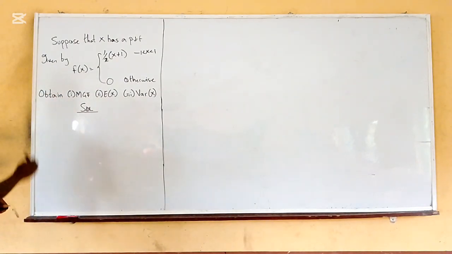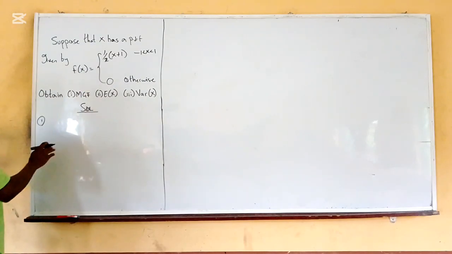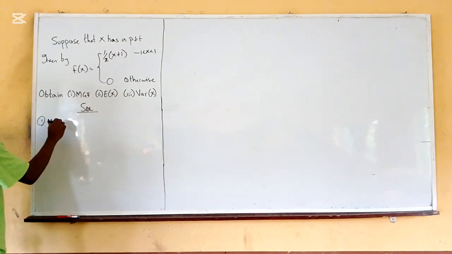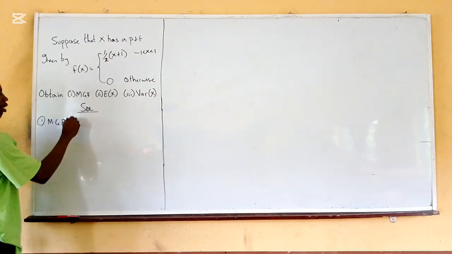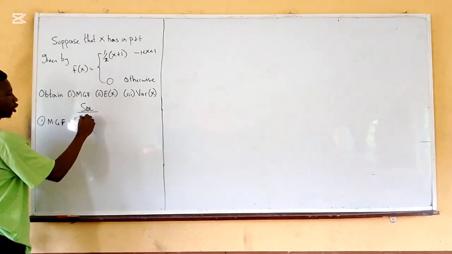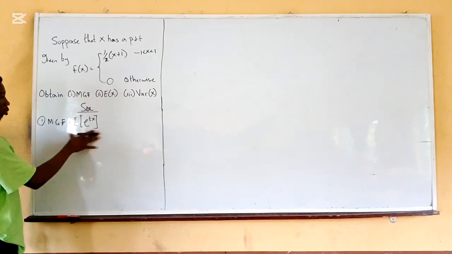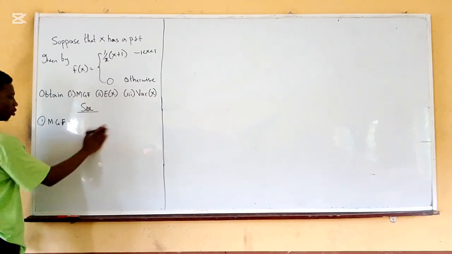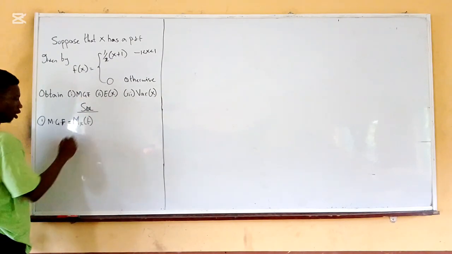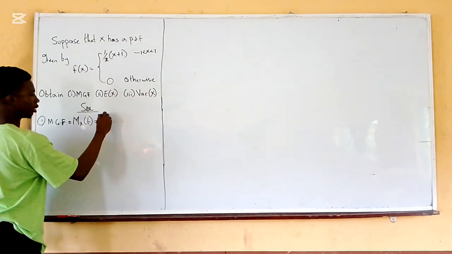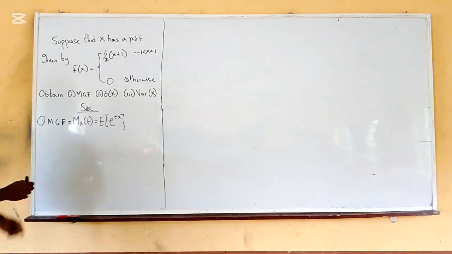Now, if I am to obtain the MGF of this PDF, the MGF is given as expectation of exponential tx. The MGF is M_X of t, given as expectation of exponential tx.